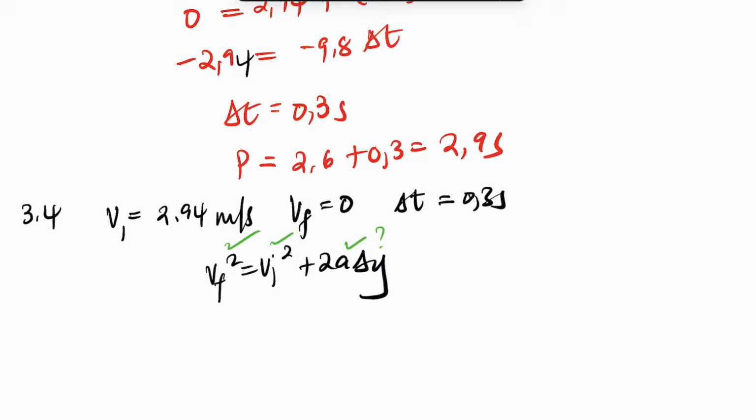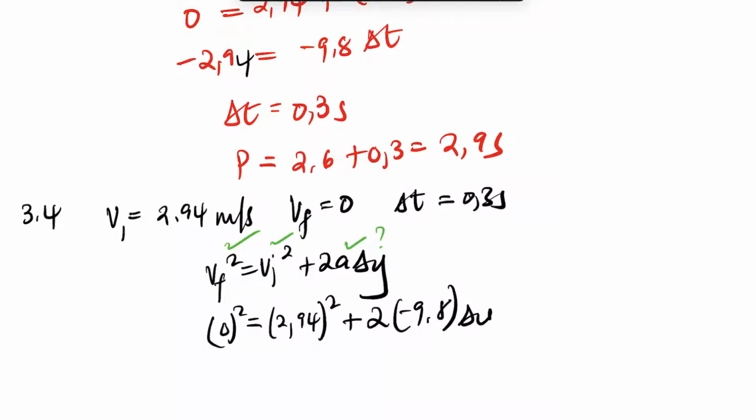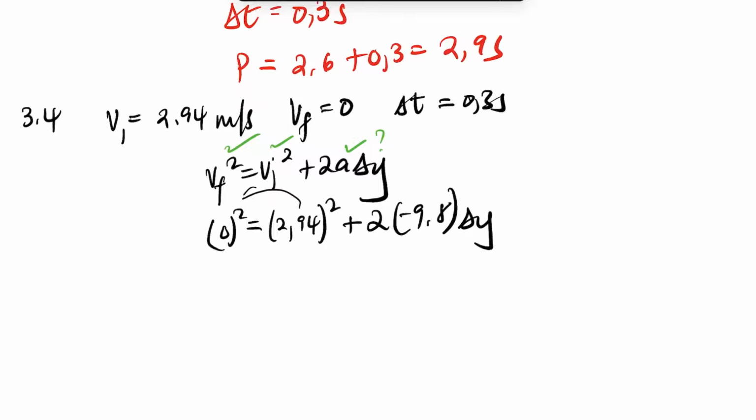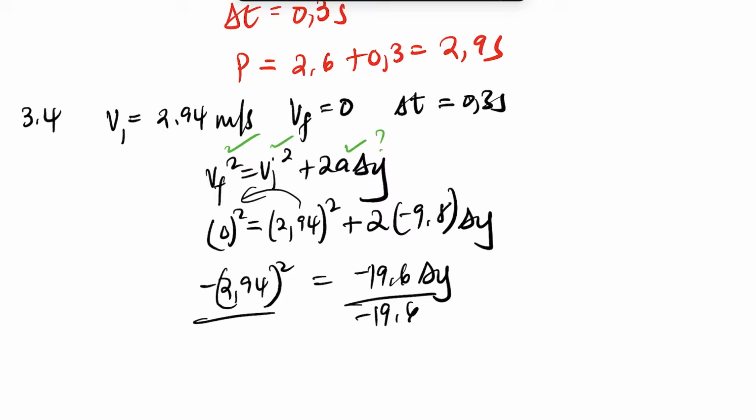So let's substitute. Final velocity is still 0, and the 2.94 is positive with the square, plus the acceleration, 2 times negative 9.8, change in y. So we take this to this side, so it's going to be negative 2.94 squared, and we'll have this side negative 19.6 change in y, and then we divide by negative 19.6.